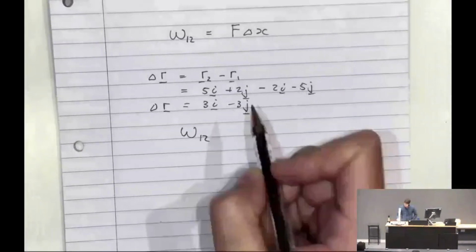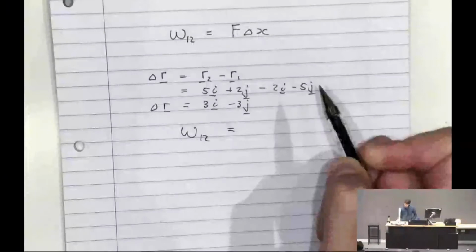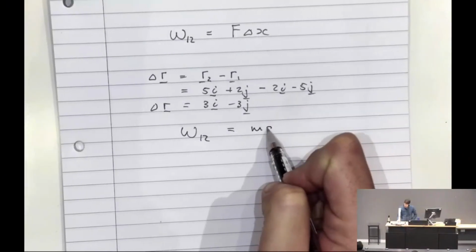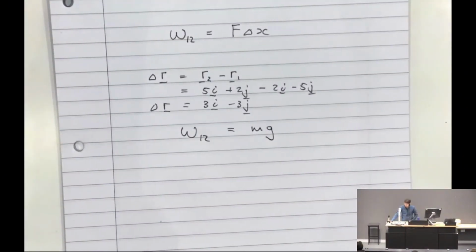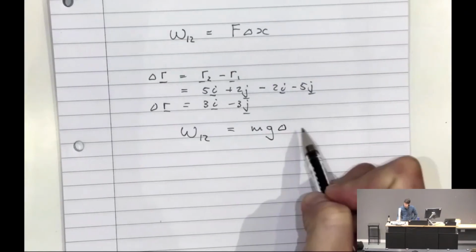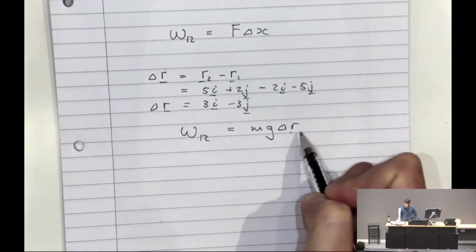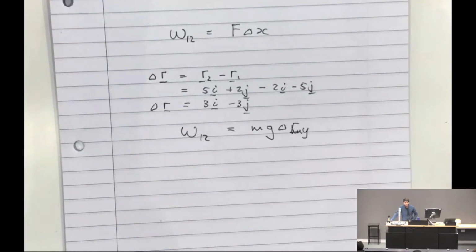Because we are only interested in gravity, our force becomes the mass times the gravitational acceleration times the distance of our y component. Gravity only exerts a force downwards in the vertical direction, so we can basically ignore the x component of our position.